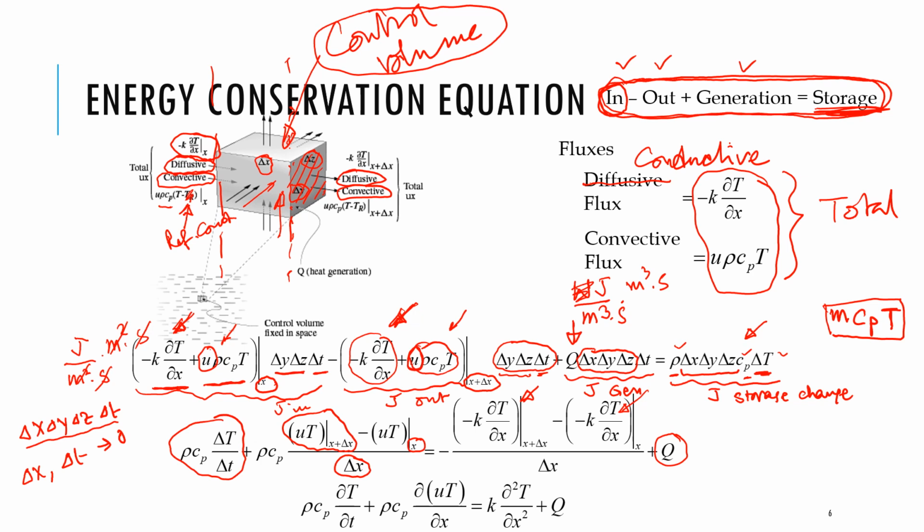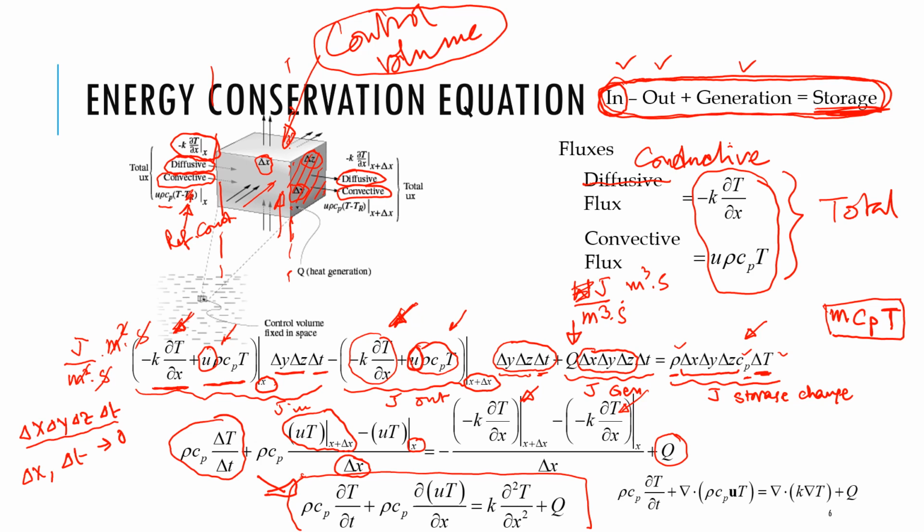The differential equation is simply the same equation, but now these finite differences become derivatives in the limit that delta x, delta t goes to 0, and then this is my heat equation. And we'll spend more time on what the terms mean. But this we just derived for 1D.